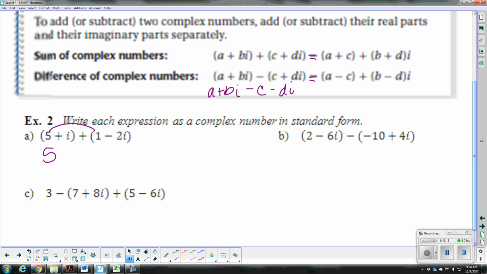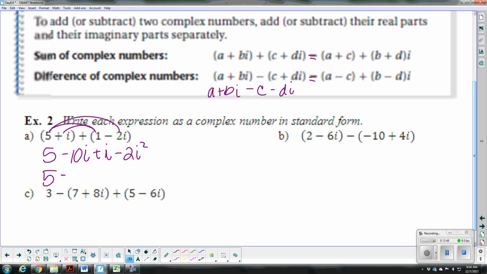So we have 5 minus 10i plus i minus 2i squared. So the first thing I would do is get rid of that i squared to make it into a real number so that we can combine our like terms.